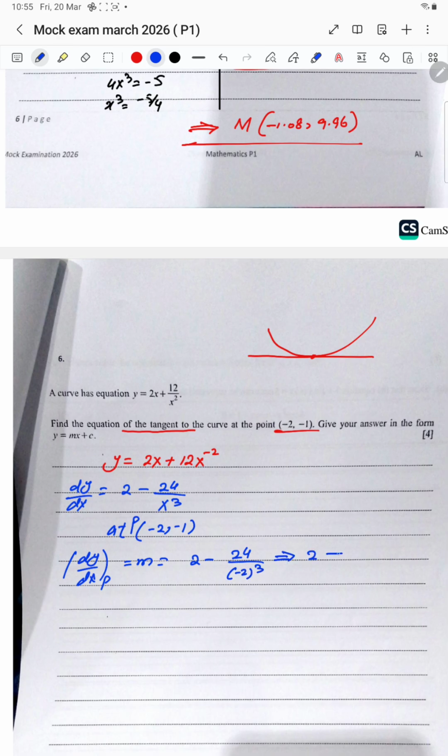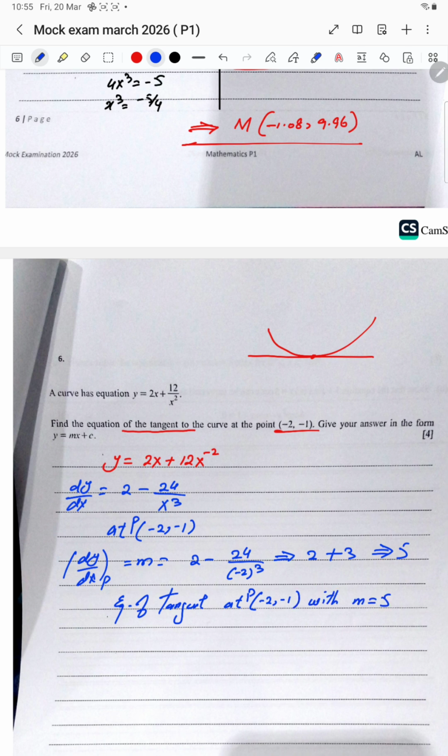I will get 2 plus 3, that gives me 5. That is the gradient of the tangent at the point on the curve. So the equation of the tangent at point P, minus 2, minus 1, with m is 5.